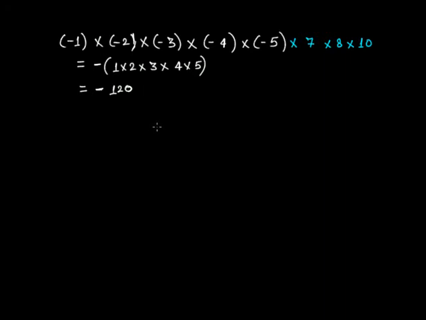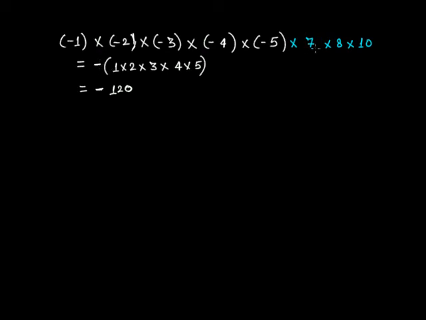What matters is the number of negative integers in a given multiplication. Here you have only 5 negative integers, but here you have 3 positive integers, so these will not have any effect on the sign. What matters is the number of negative integers. So negative integers are 5, therefore minus sign.